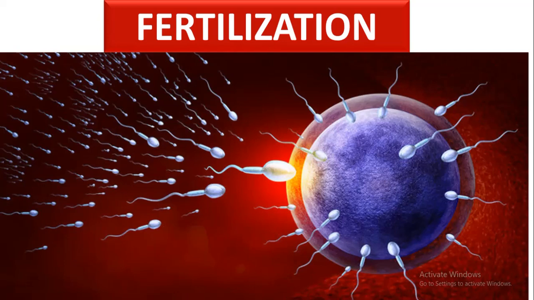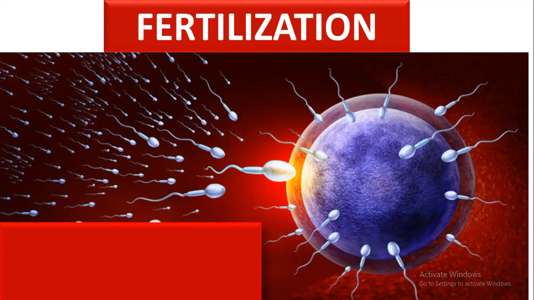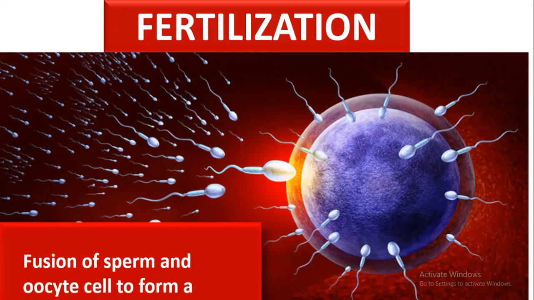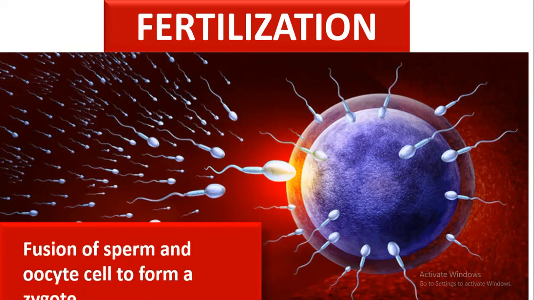So what is fertilization? Fertilization is the process by which the sperm and the egg fuse together to form what we call the zygote. So the sperm cell and the oocyte come together and join to form a zygote.